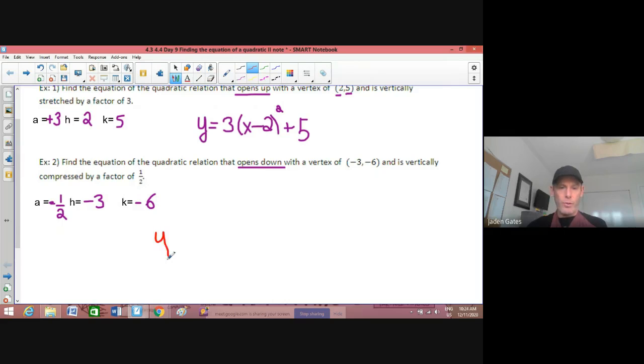I got y equals, my A is negative 1/2. I have then x minus, and my H is minus 3. So I get a minus sign here and a minus sign here. Plus 3 then. Squared minus 6. And there we go. There's the equation of my parabola.